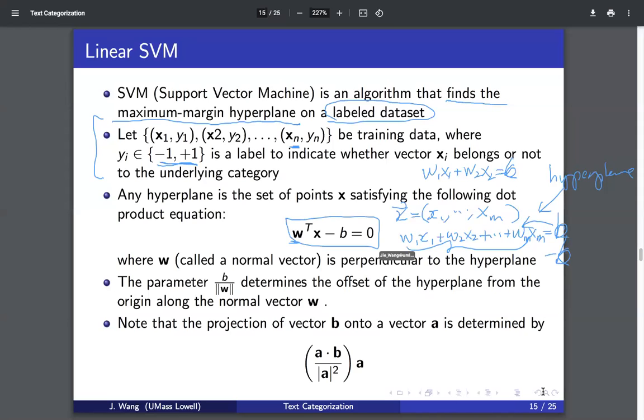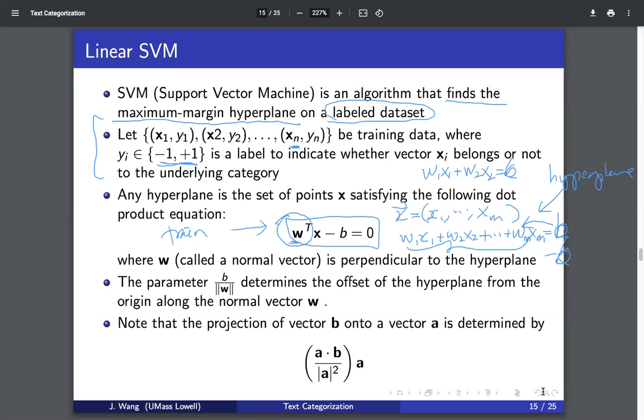So what do we need to get? We need to train this W so that the margin of this form from the support vectors is as large as possible. This W is also called a normal vector, which is perpendicular to the hyperplane.